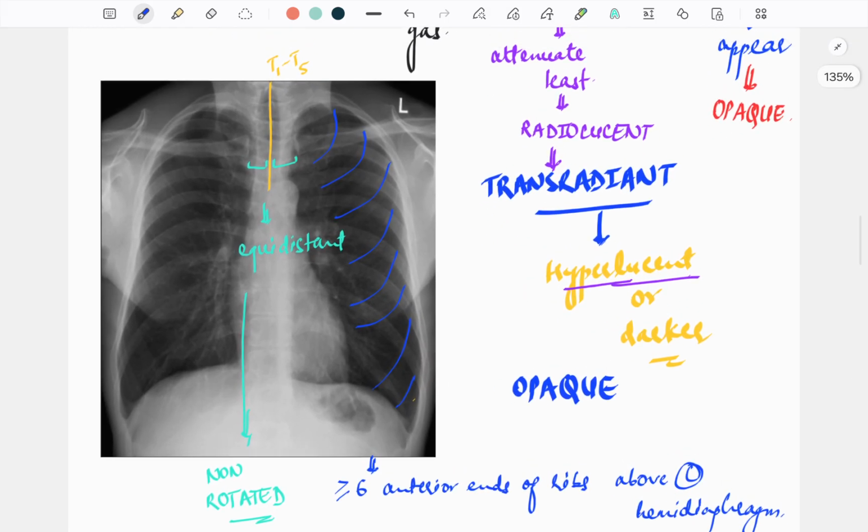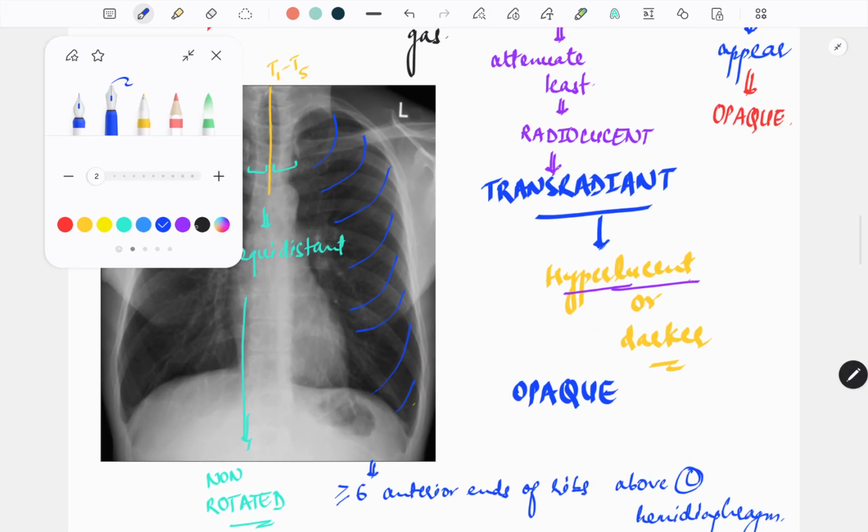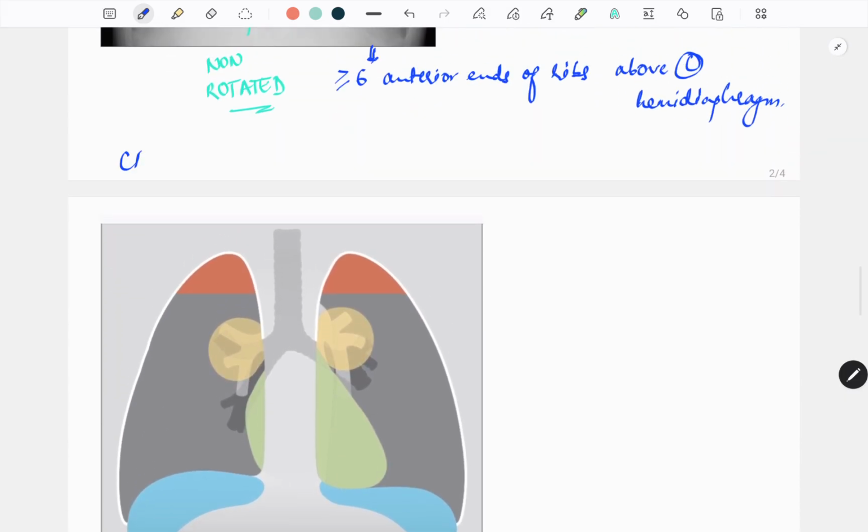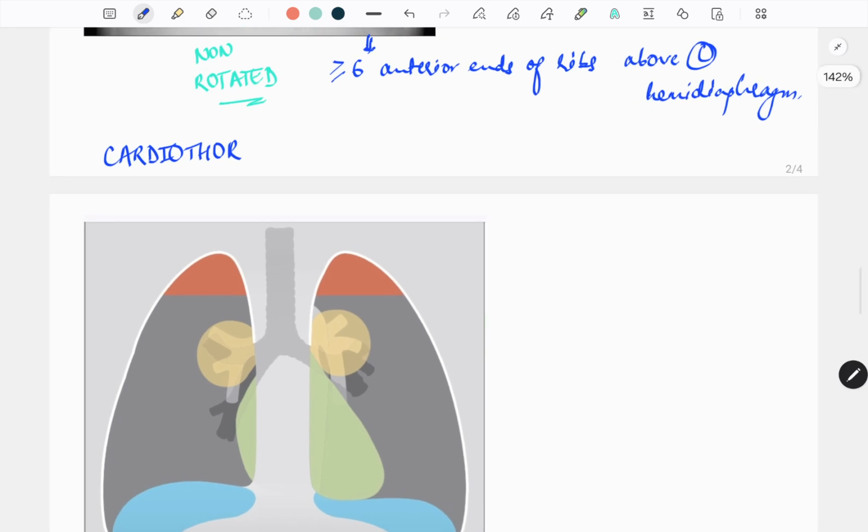What do I mean by saying this? The ratio of cardiac silhouette versus thoracic cage. Cardiothoracic ratio.